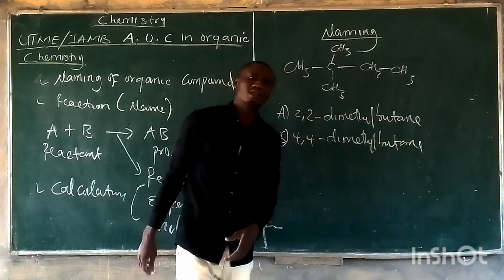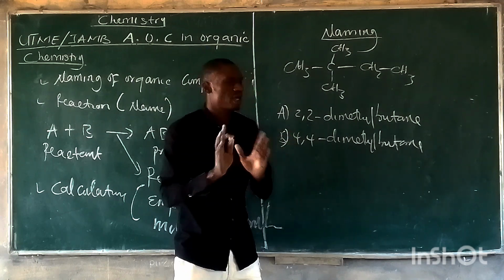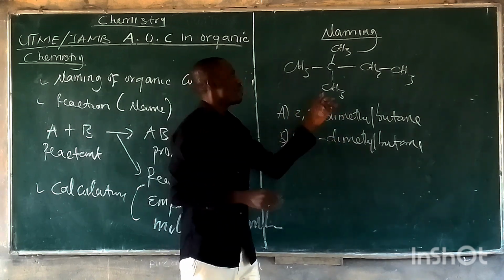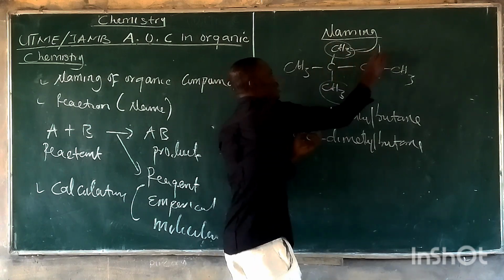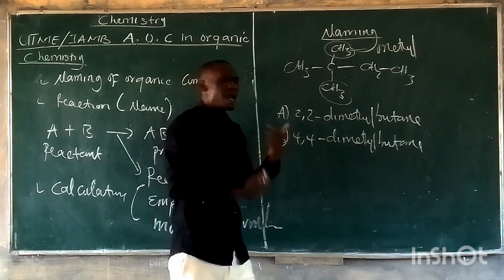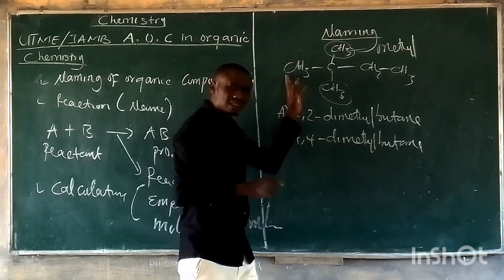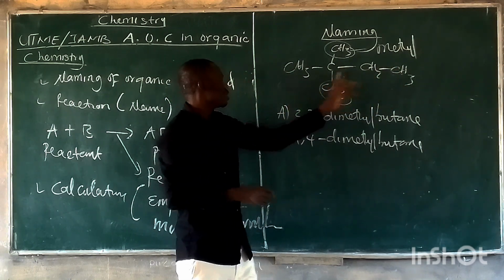Now, which one is the correct one? You are going to have these two options on your screen because they want to confuse you. But you need to give the substituent, which is the methyl, the smallest number. How do you give the smallest number? You start counting from the side that gives the substituent the lowest number. If I count from here, it should be 3, 3.